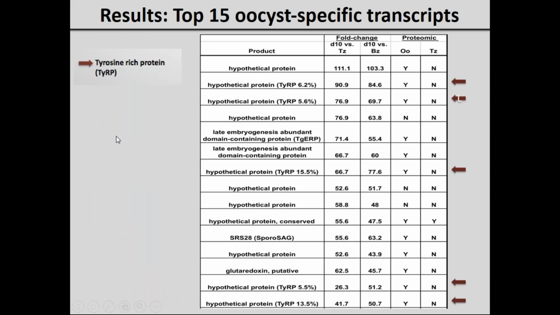And I don't think any of this is terribly relevant, but I did identify one class of proteins that were designated tyrosine-rich proteins that were both abundantly expressed by microarray, but also detected in the oocyst by mass spectrometry, and were not found in the tachyzoite stage. So they were unique to the oocyst stage.